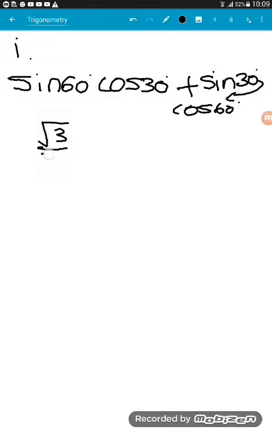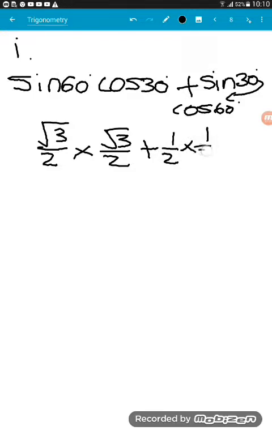So root 3 by 2 into cos 30, which is also nothing but root 3 by 2, plus sin 30 is nothing but 1 by 2 into cos 60, which is also 1 by 2. By the table 8.1 you can see this, and you have to study the table, important for your exam.